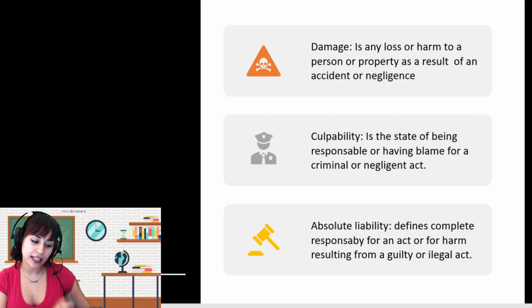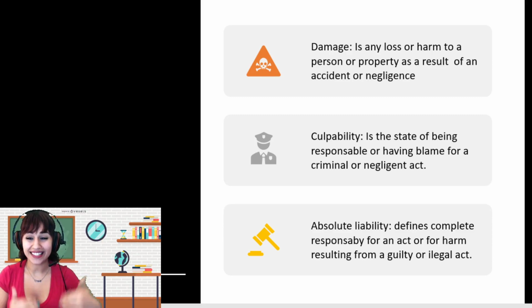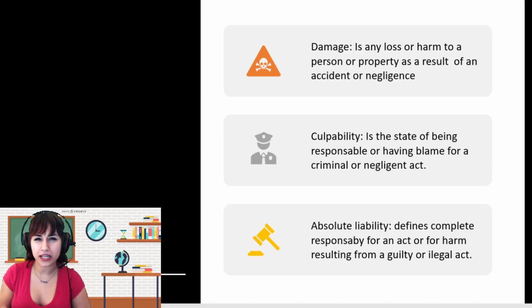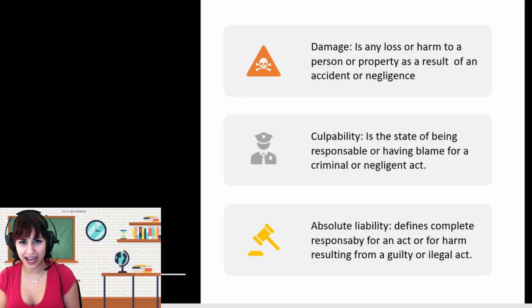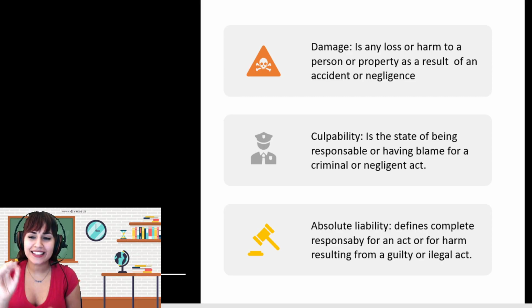If we were saying that liability is legal responsibility, when we are talking about absolute liability, we are talking about an absolute legal responsibility. Okay, it's going to define complete responsibility for an act or for harm resulting from a guilty or illegal act, ¿ok? ¿Qué quiere decir esto?